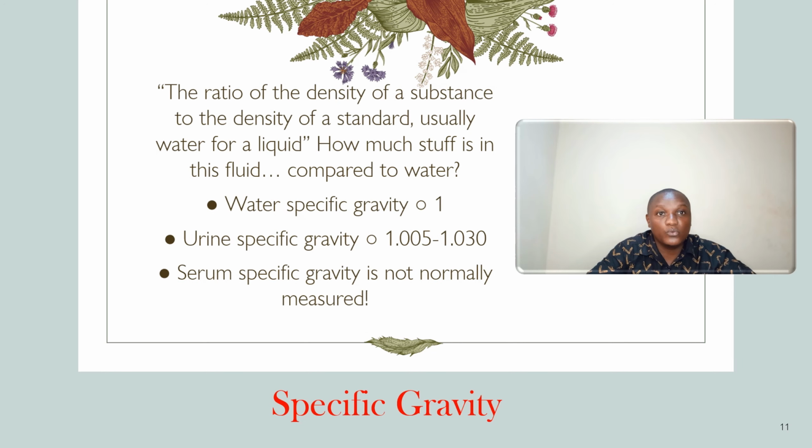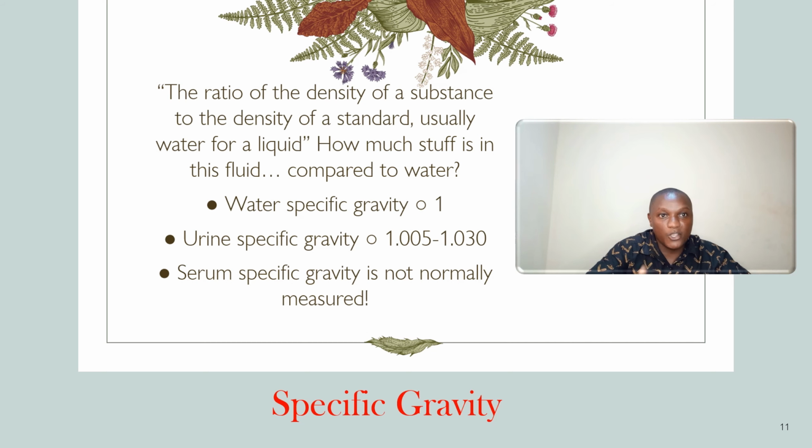The other thing to keep in mind is the specific gravity. This is the ratio of the density of a substance to the density of a standard, usually water, for a liquid. How much stuff is in this fluid compared to water? That is the specific gravity. For example, water specific gravity, we know it is 1.